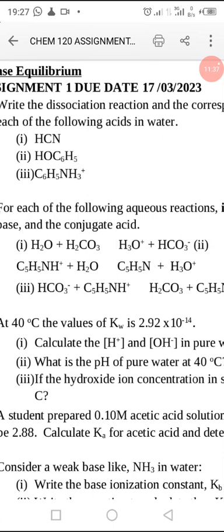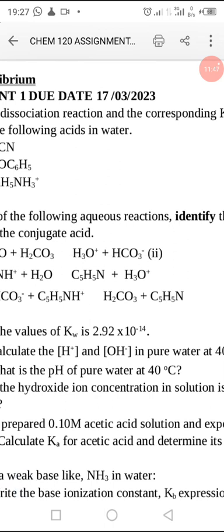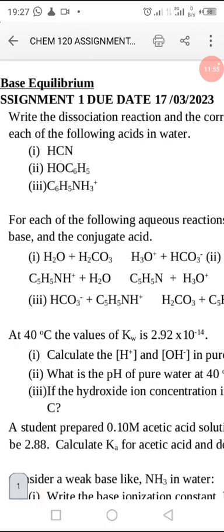So, hydrogen carbonate plus C5H5NH+, reacting, producing carboxylic acid plus C5H5N.